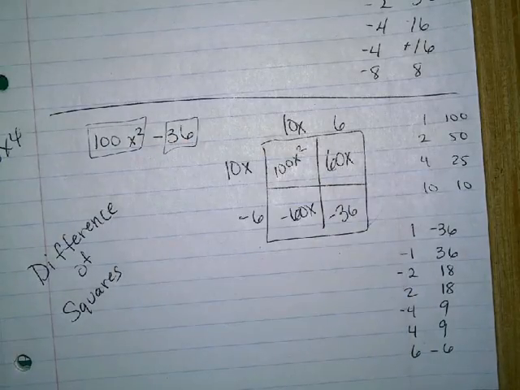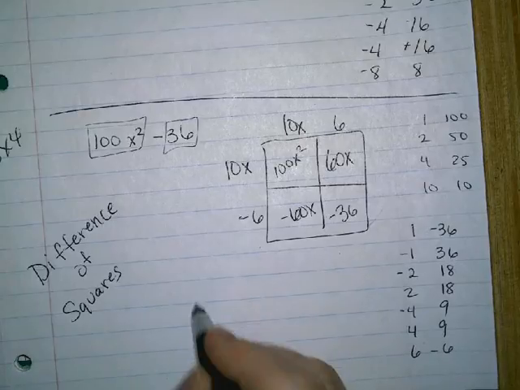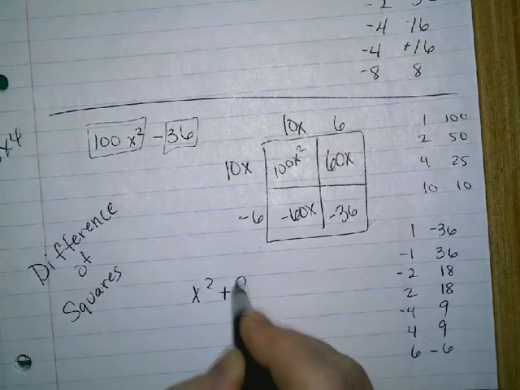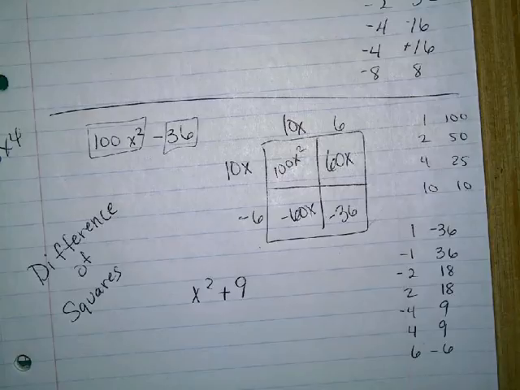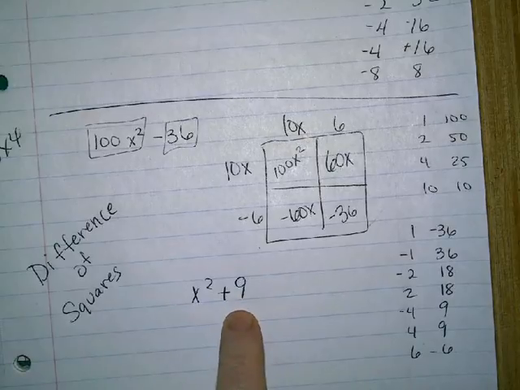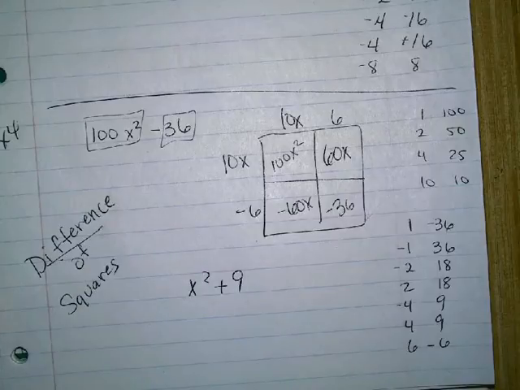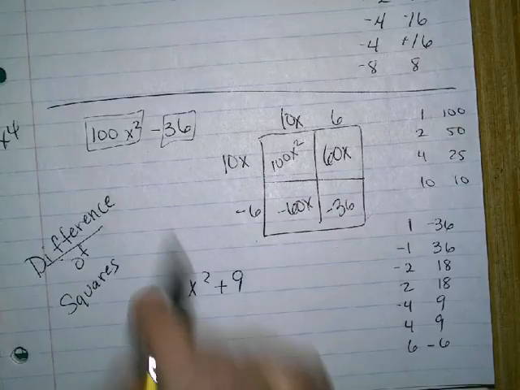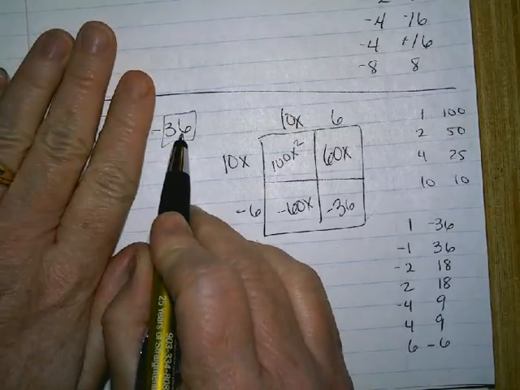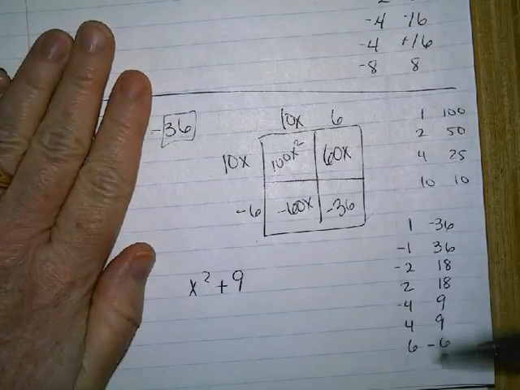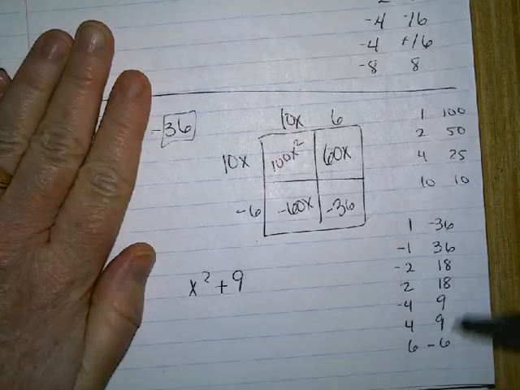Okay? Now, if I wrote x squared plus 9, it would not be this particular type of problem. You really can't even factor this one. Why does it have to be the difference for it to work out for me? That negative in front of that 36 tells me that my factors have to be a positive and a negative, right?